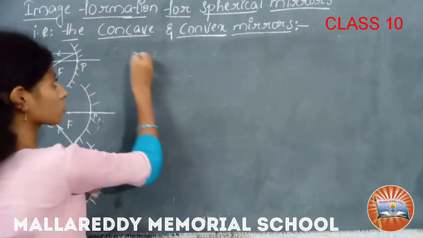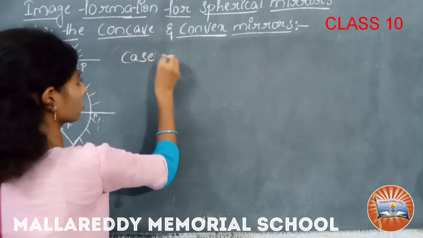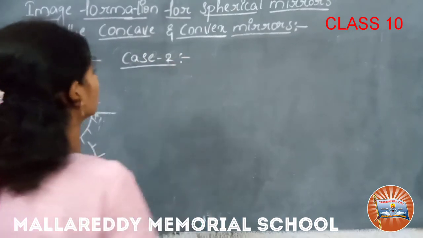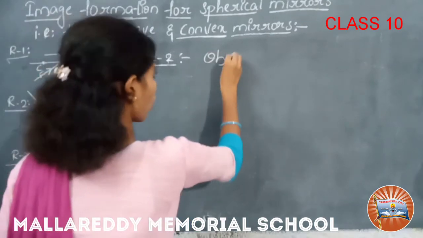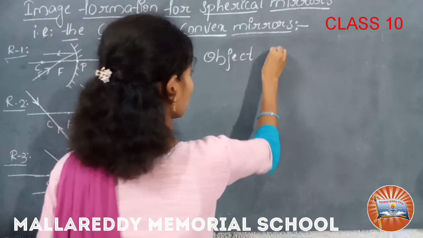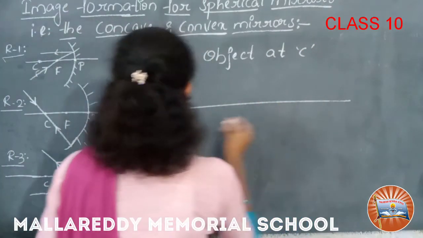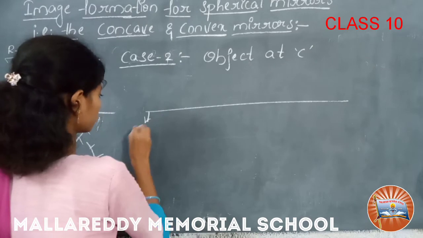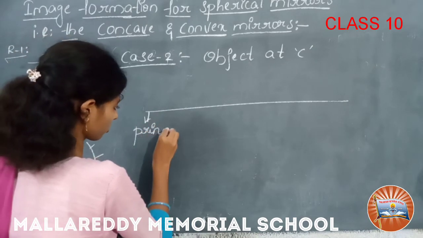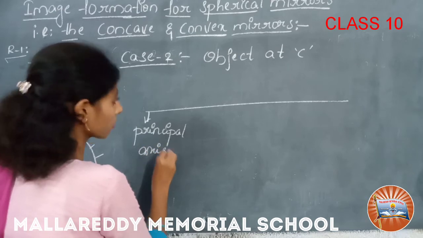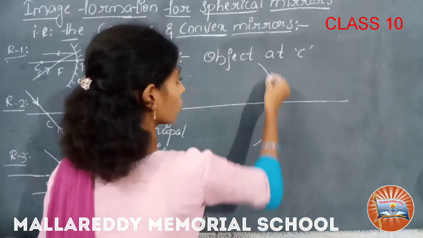Now see case 2. Now when we keep the object at C, take the principal axis. Right? Now take the concave mirror.